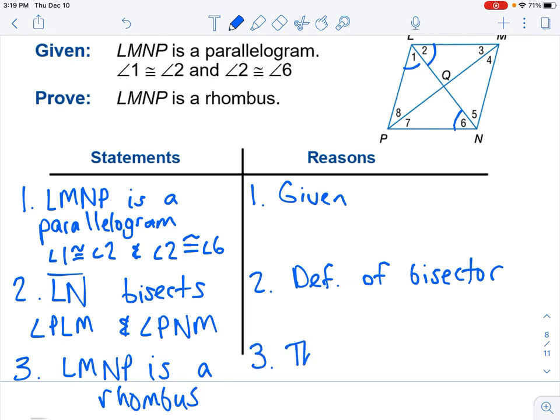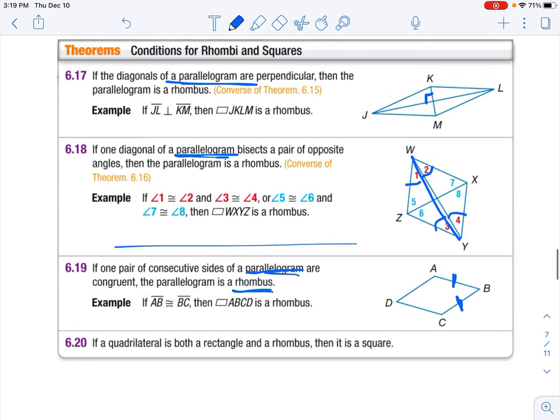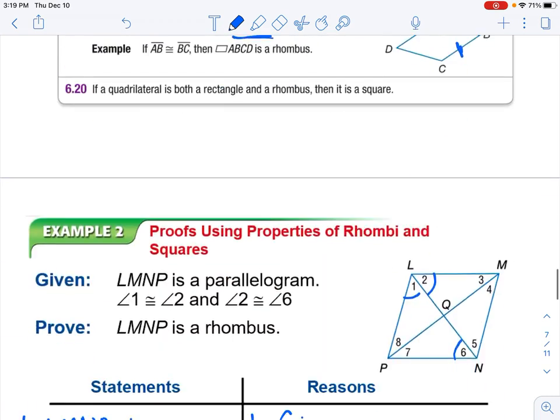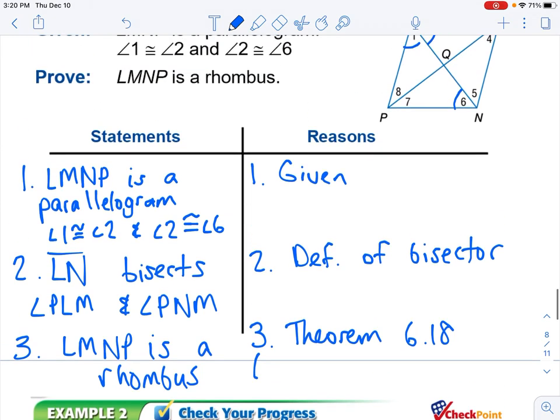If we look at our theorems, that would be by theorem 6.18. If we look up here, 6.18 tells us that we can have one diagonal in a parallelogram bisect a pair of opposite angles. So I'm going to put that in parentheses because that's better for me to remember what actually happens than just the theorem number, which might be different numbers at a different school.